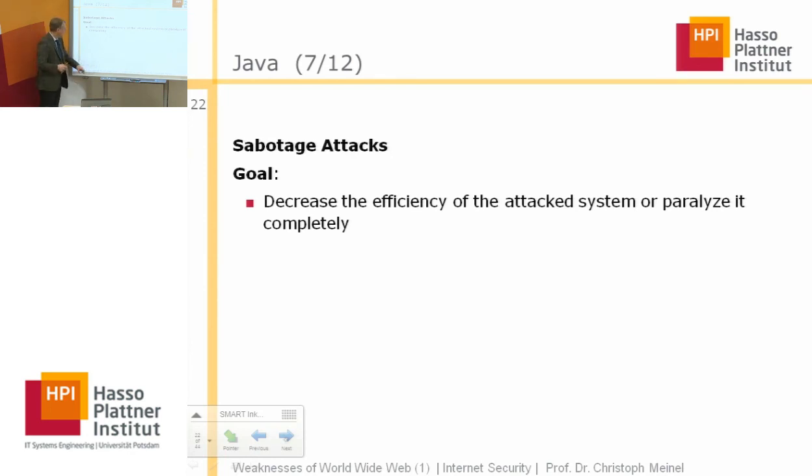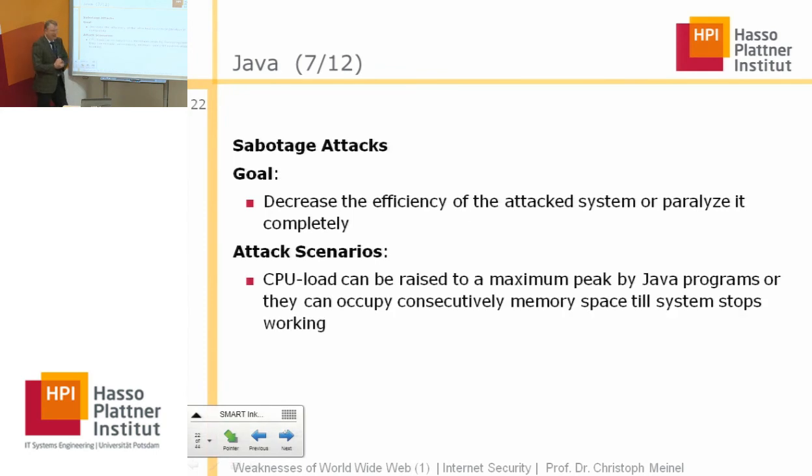This is a typical goal of such a denial of service attack. The attack scenario is that the CPU load can be raised to a maximum peak by a Java program, and it can occupy consecutive memory cells up to the moment the system is no longer able to work correctly.